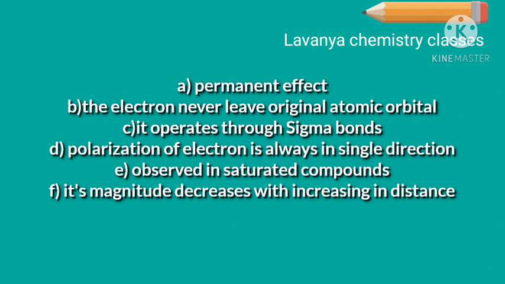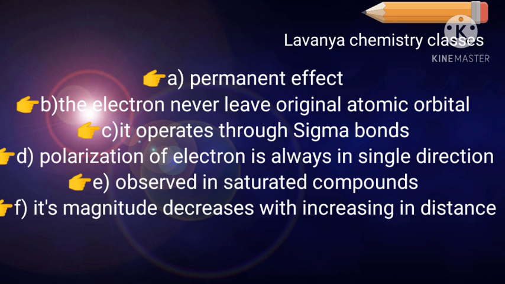The inductive effect is a permanent effect, and the electrons never leave their original atomic orbital. It operates through sigma bonds only. The polarization of electrons is always in a single direction.